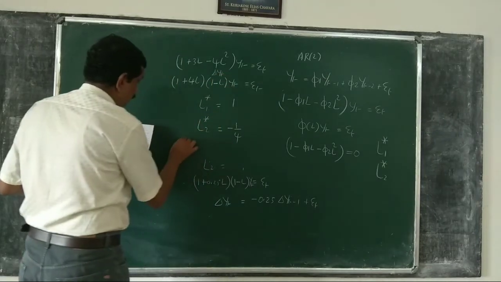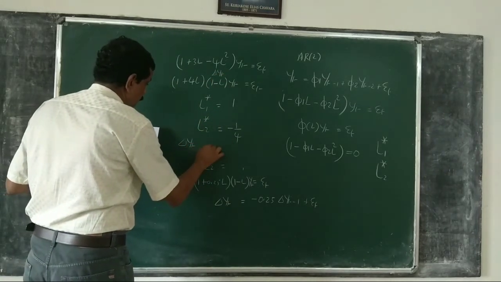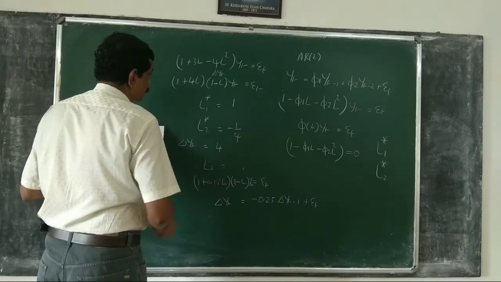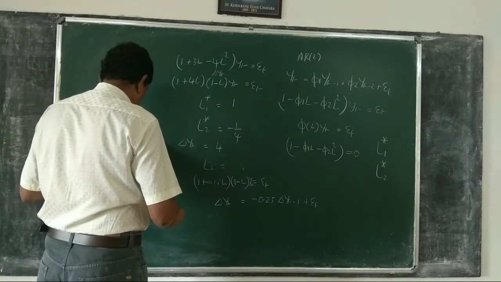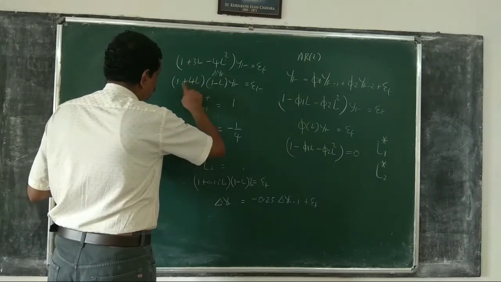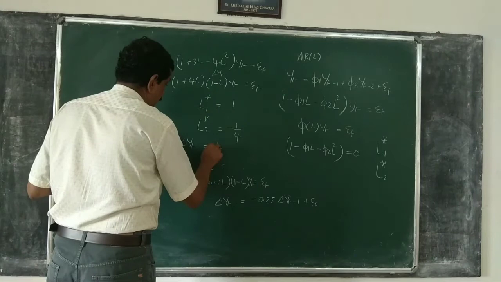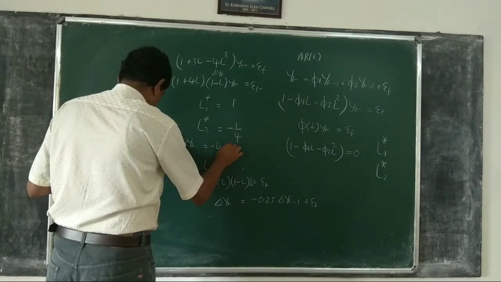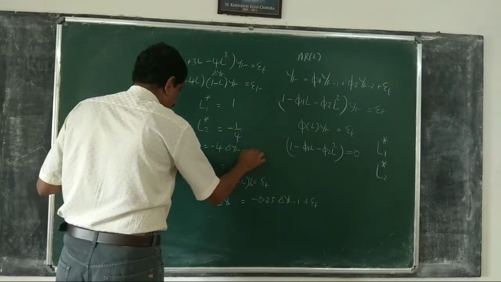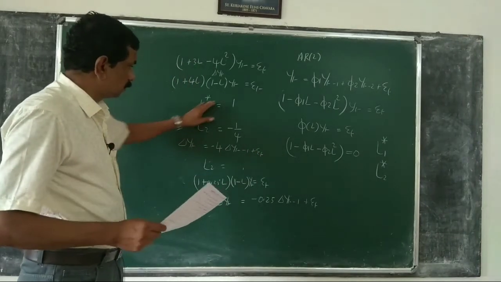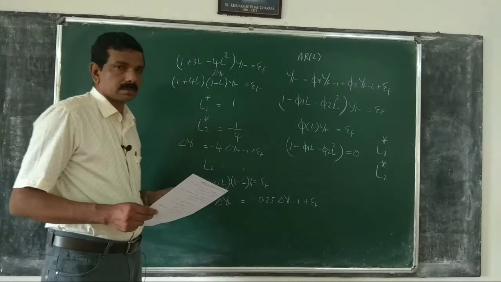So delta yt is equal to minus 4 L delta yt plus epsilon t, that is, minus 4 delta yt minus 1 plus epsilon t. So the process has two unit roots.